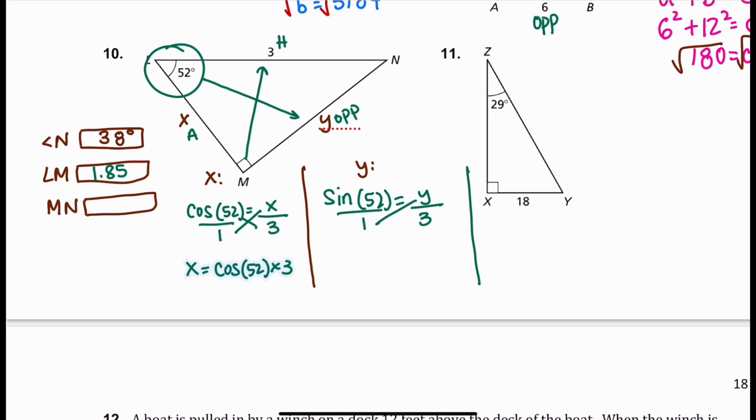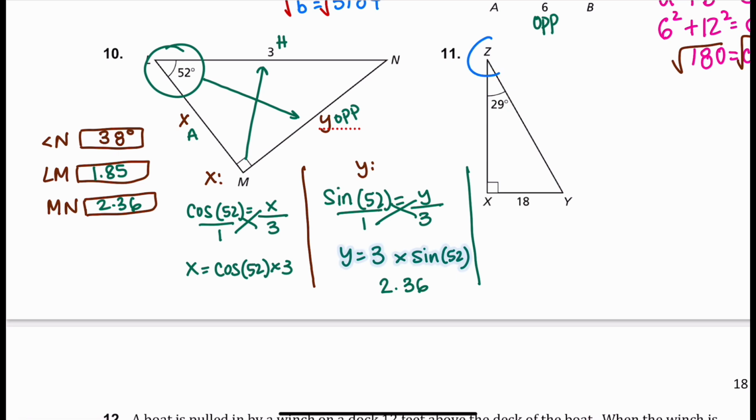Cross multiply, y equals 3 times the sine of 52. And you can put sine of 52 times 3 or 3 times the sine of 52. Okay, and this is going to give us approximately 2.36 units long.